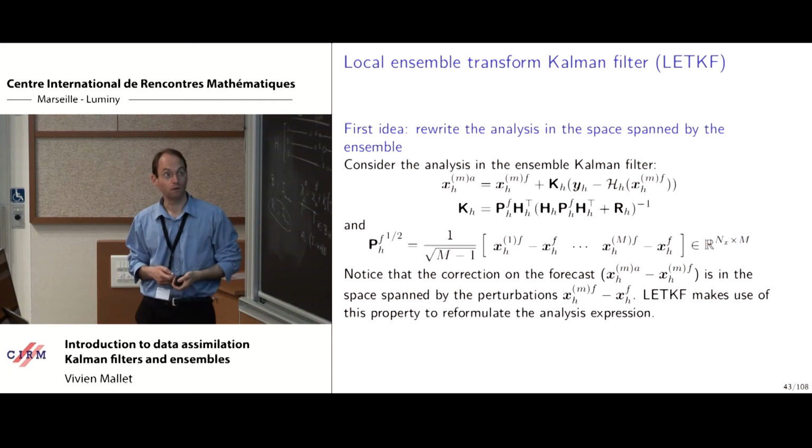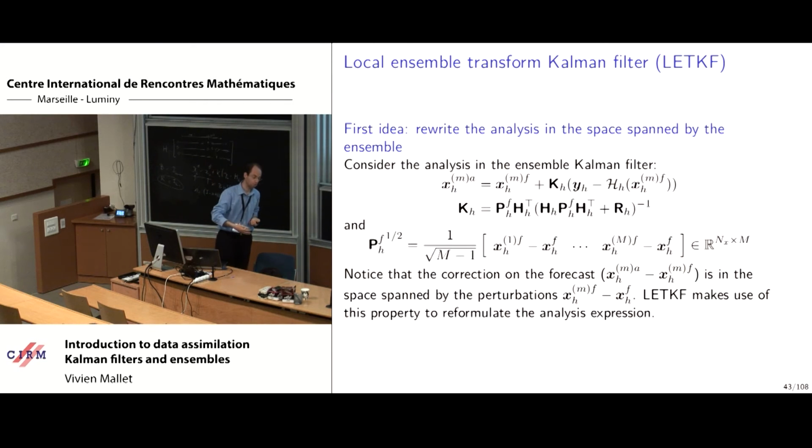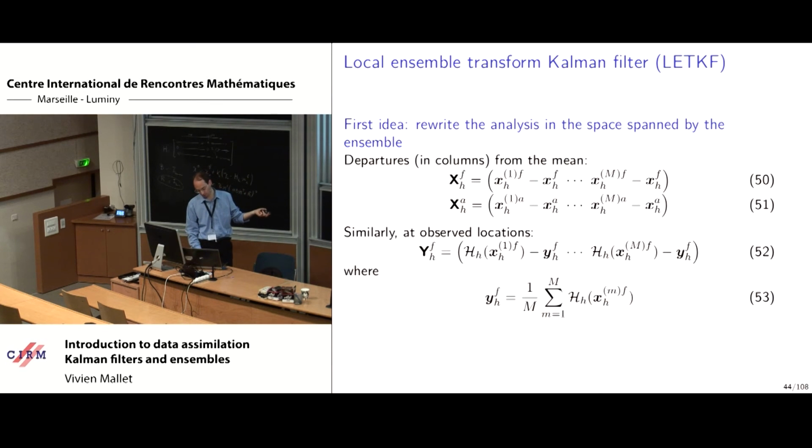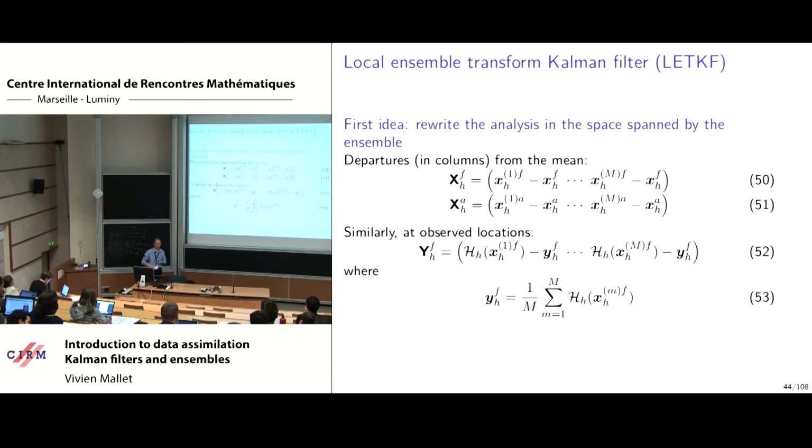A fortiori they live inside the space spanned by the ensemble members. And also here, if you look at the analysis, you also had this value of one member. So all analyses in the end are in the space spanned by the ensemble members. So, noticing this in EnKF, there is this so-called ensemble transform.